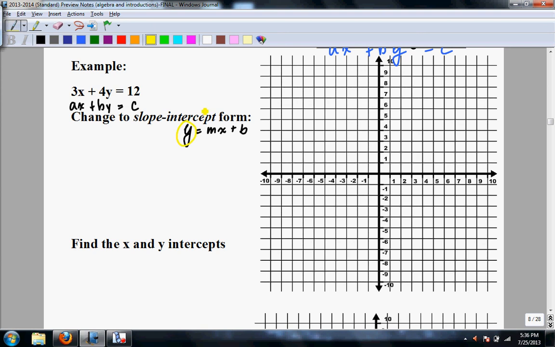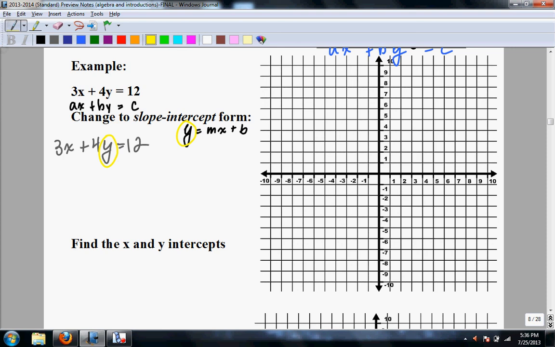Now circle the y. To get into slope-intercept form, you want to isolate the y. So let's take this example here. 3x plus 4y equals 12. Now I'd like you to circle the y. Your goal is to get y completely by itself.